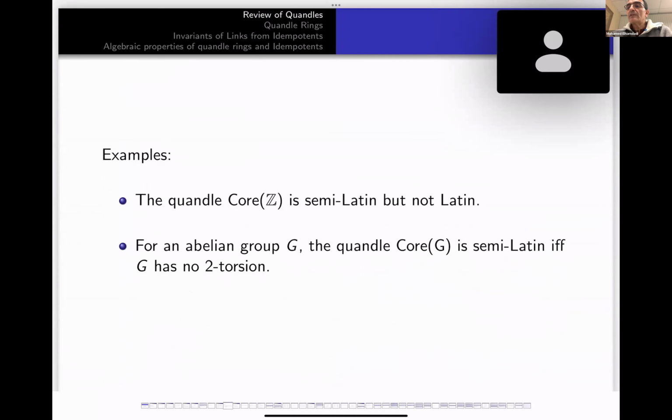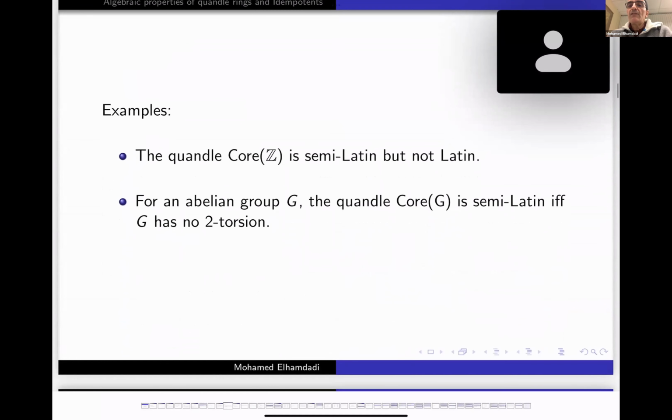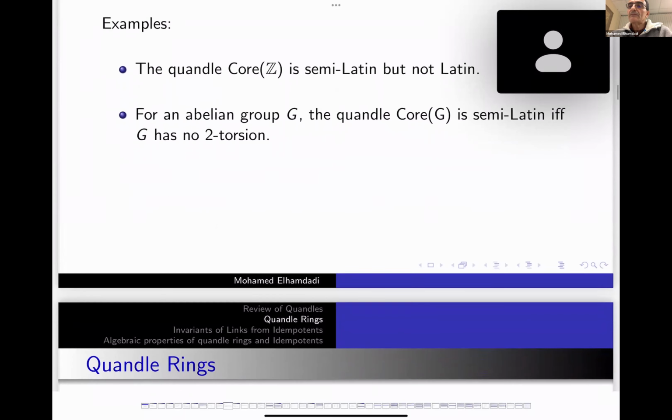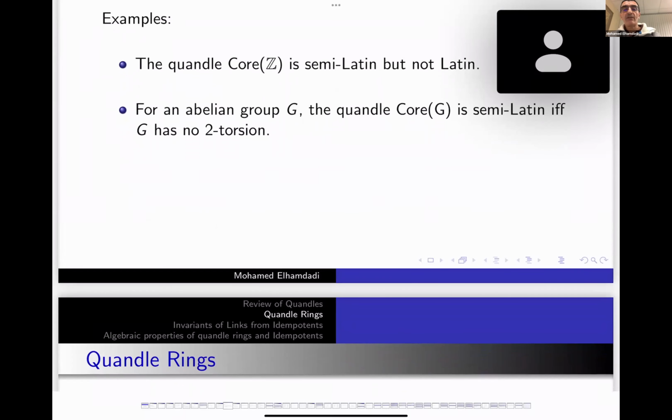It's straightforward to see this, mainly because 2 is not invertible in Z. More generally, if you have an abelian group, you can consider the core quandle, meaning X star Y equals 2Y minus X. For the finite cyclic group, we call it the dihedral quandle. Then for any abelian group G, the core quandle of G is semi-Latin if and only if G has no 2-torsion. This is a quick review of quandles.